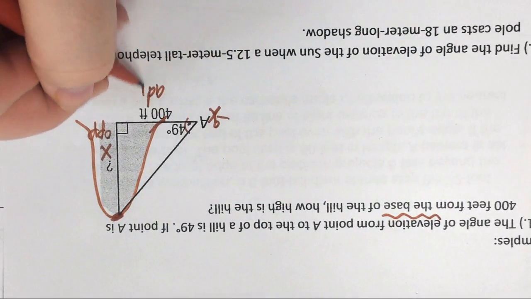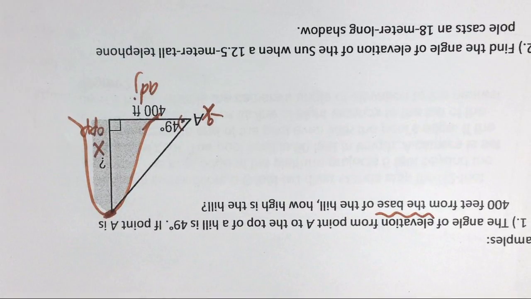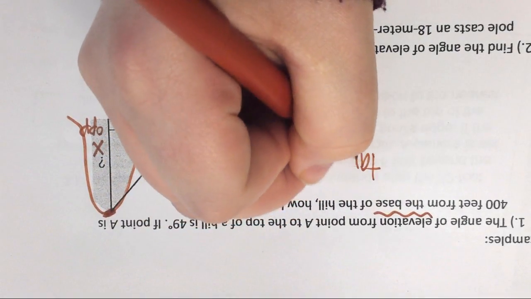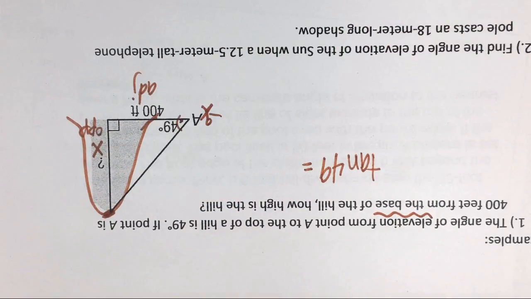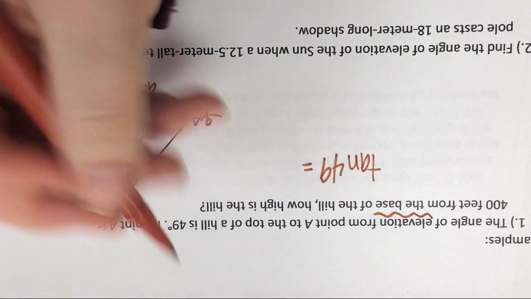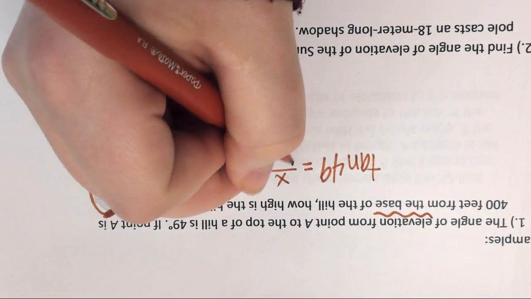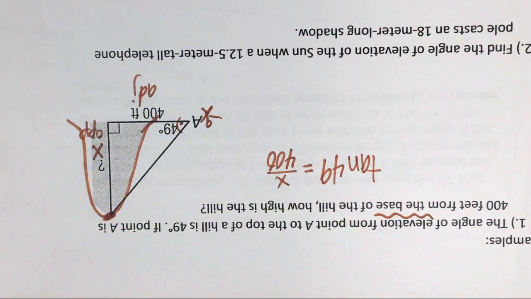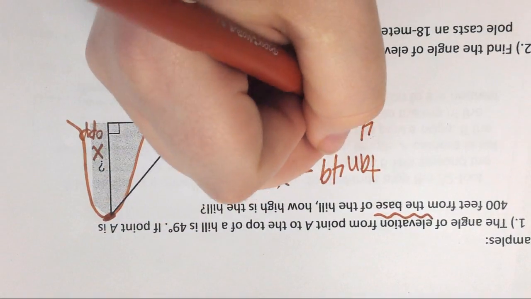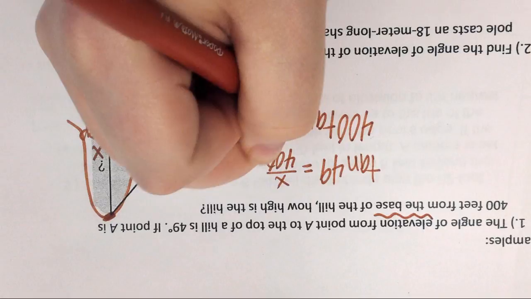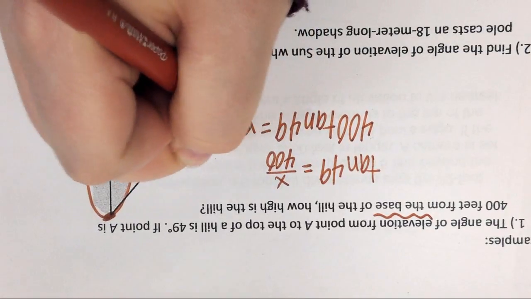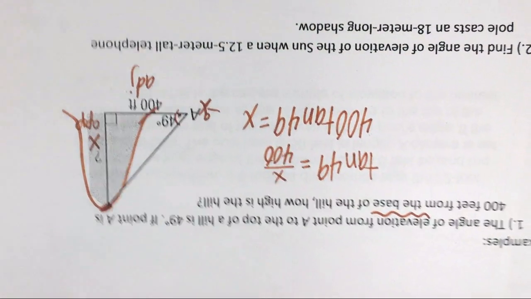So what trig function do I need? Tangent. So I'm going to have tan 49 equals opposite over adjacent. So X over 400. I multiply both sides by 400. I have 400 tan 49 equal to X. I need someone to type that in their calculator and tell me what to get.